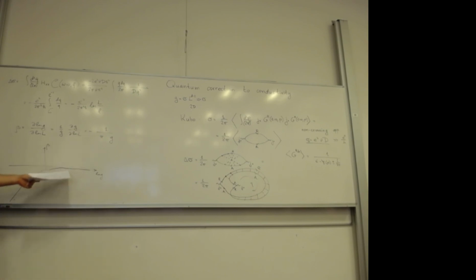The quantum corrections destroy metallic behavior and eventually will bring the system to a fully developed insulator state as we increase the size. It's a small prefactor here, but the logarithm grows, so at some point, this correction will overcome the original value of sigma 0, and we will end up in an insulator limit.